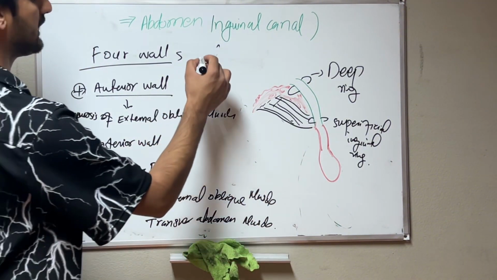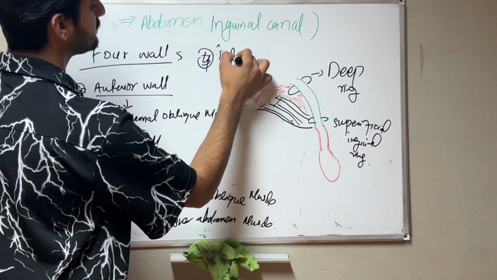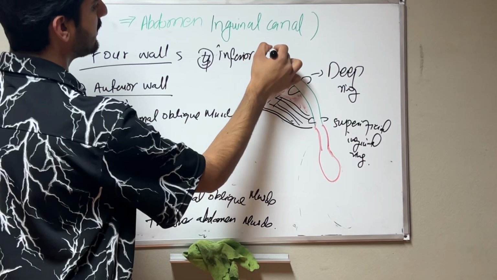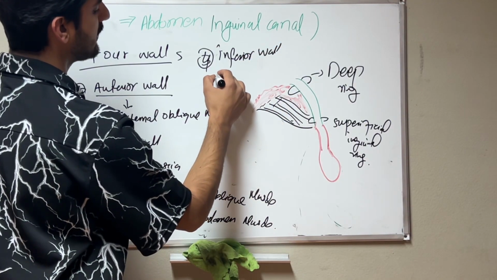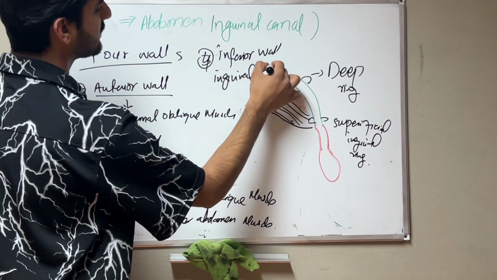The fourth is the inferior wall, and in the inferior wall we have the inguinal ligament, on both sides.